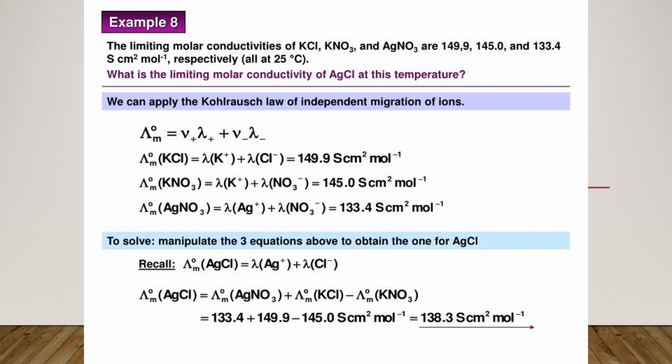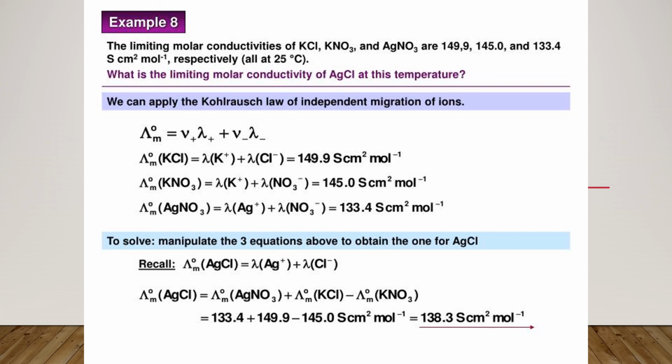AgNO3 യുടെ മോളാർ കണ്ടക്ടൻസ് പ്ലസ് KCl ന്റെ മോളാർ കണ്ടക്ടൻസ് at infinite dilution minus the molar conductance at infinite dilution of KNO3. We will get the molar conductance of AgCl at infinite dilution, and we are putting that value in the solubility equation. We will get the solubility of that sparingly soluble salt.